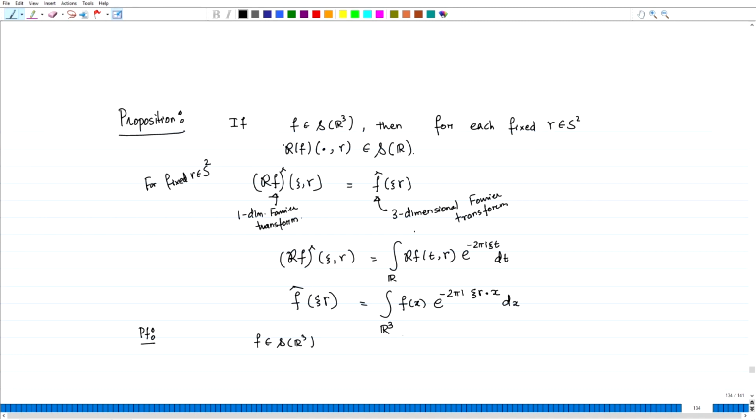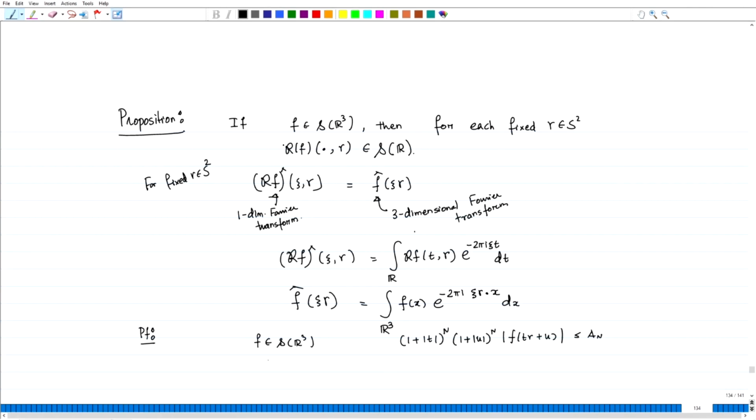Therefore, the supremum of 1 plus mod t to the power n, 1 plus mod u to the power n, mod of f of t gamma plus u is less than or equal to a n, and also its derivative.